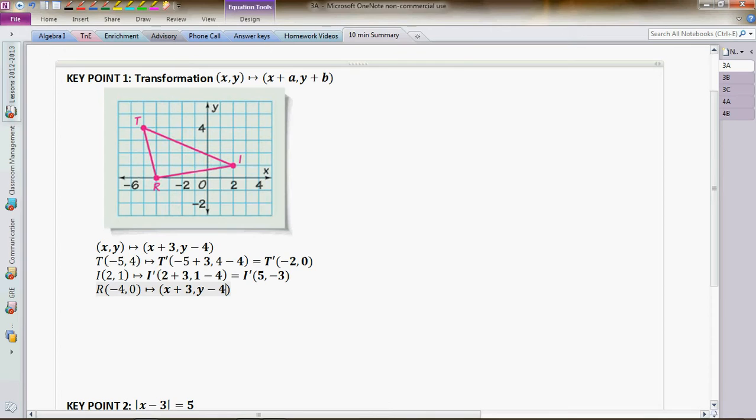And likewise, R prime: we replace x with -4, -4 plus 3, and y will be 0. So R prime will be -1, comma -4.